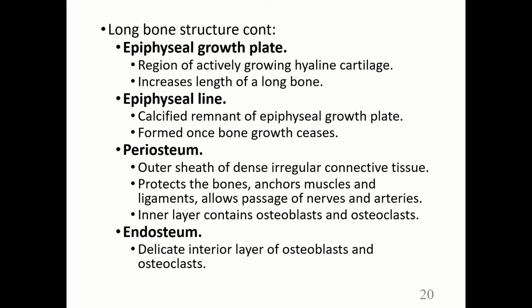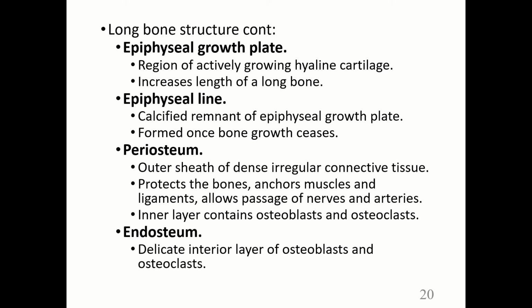This increases the length of a long bone during growth. The epiphyseal line is the calcified remnant of the epiphyseal growth plate. It is formed once bone growth ceases. So you can age a skeleton by looking at whether it has an epiphyseal growth plate or a line.